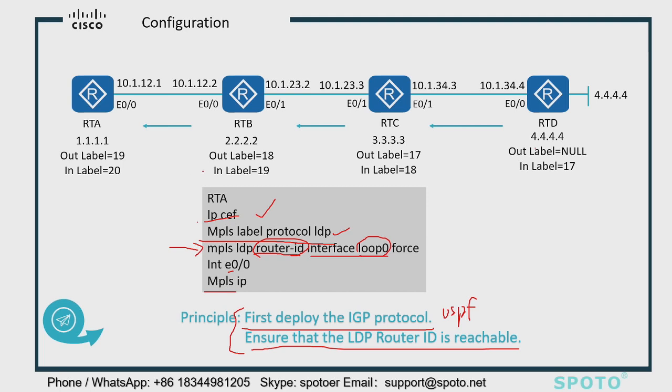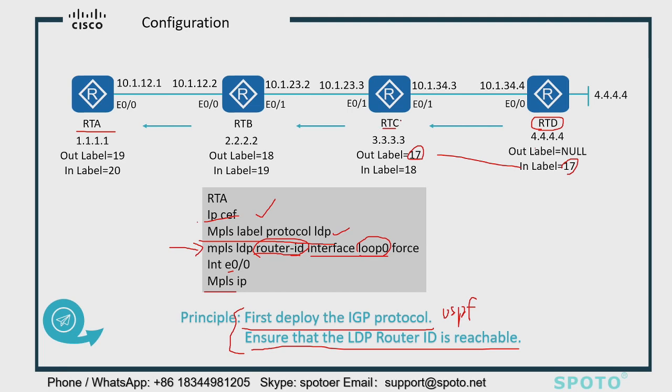So after we configure this LDP protocol, RTD will assign the label to RTC automatically. So just like this, RTD will tell RTC your out label to the destination address 4.4.4.4 is 70. Just like this, it is 70.